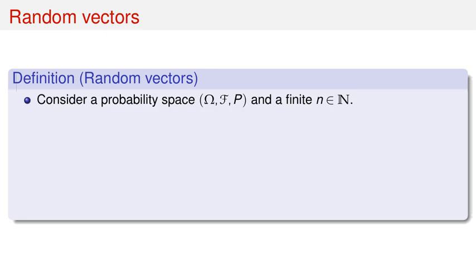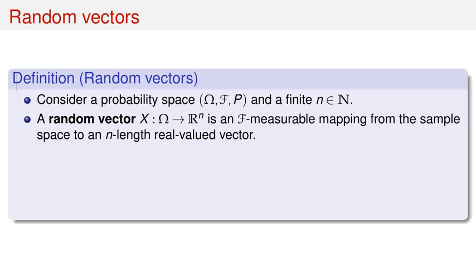Now we can define random vectors. Consider a probability space omega, script F, P, and a finite positive integer n. A random vector x which maps from omega to R to the n is a script F measurable mapping from the sample space to an n-length real-valued vector.